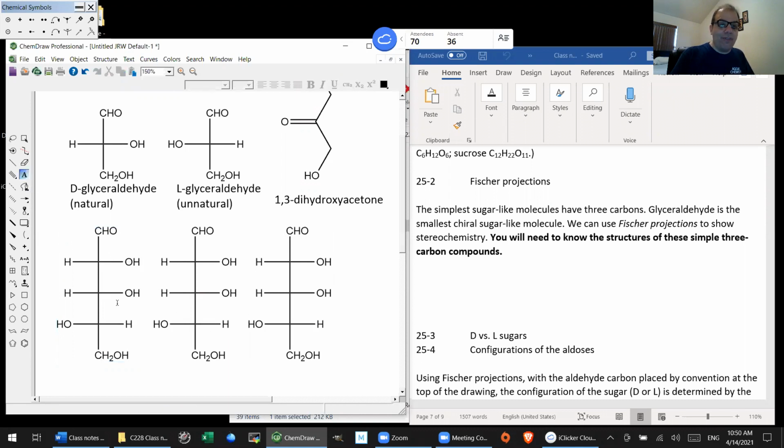If we did nothing but change the penultimate OH from right to left, of course, those 2 compounds are not enantiomers. The way you know that is by the definition of enantiomers that we gave way back in chapter 5. We've only changed the configuration at one of the 3 chiral carbons. So again, I have no idea what that compound is, but it is going to be a D sugar, but it's not the enantiomer of this compound. You need to know that.